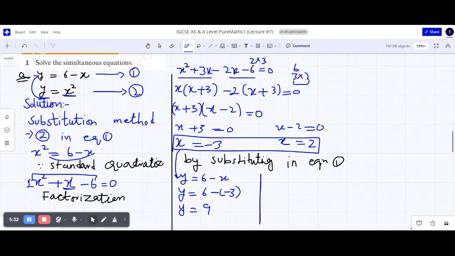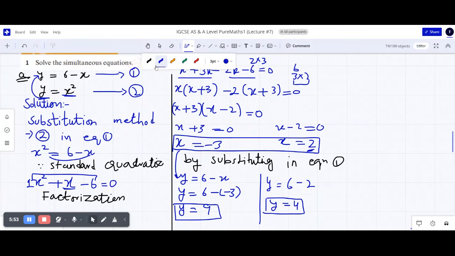At the same time, here I will substitute the second value, which is 2. So 6 minus 2, so y equals 4. I got the values of x and y both. One is 9, the second is 4. So at the end, we will write the answer in pairs.